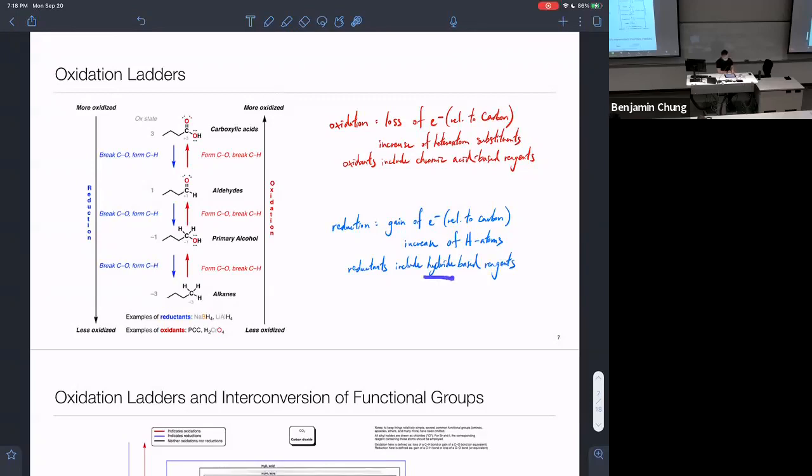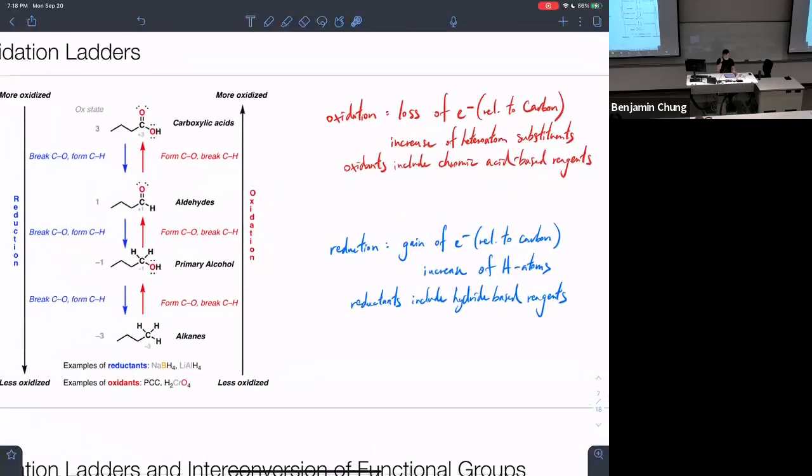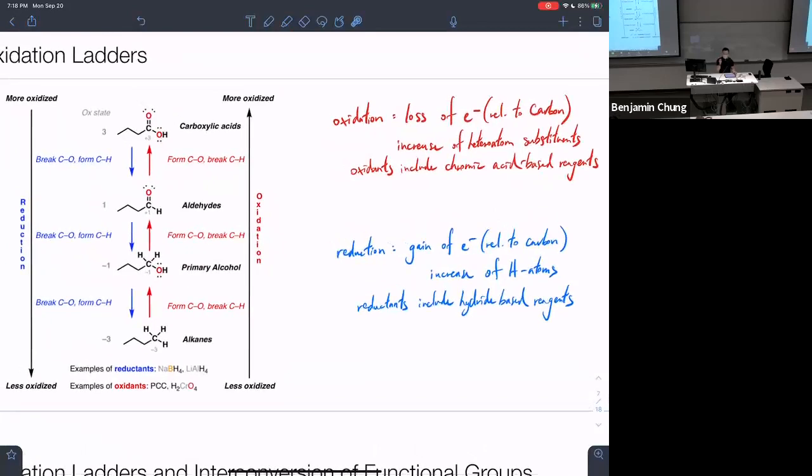If we think about reduction as an increase of H atoms, when we add hydride to it, we are essentially doing a reduction.